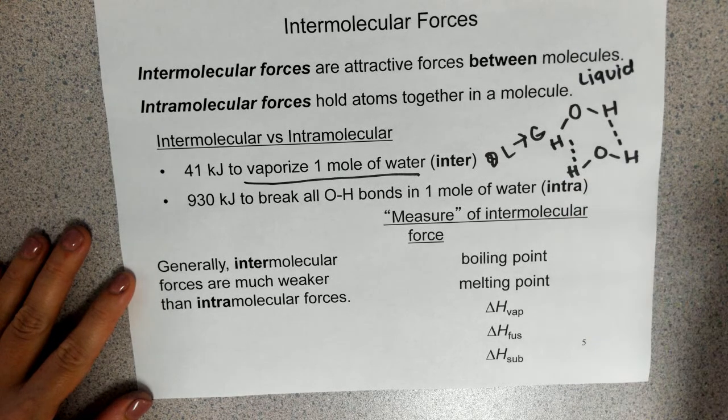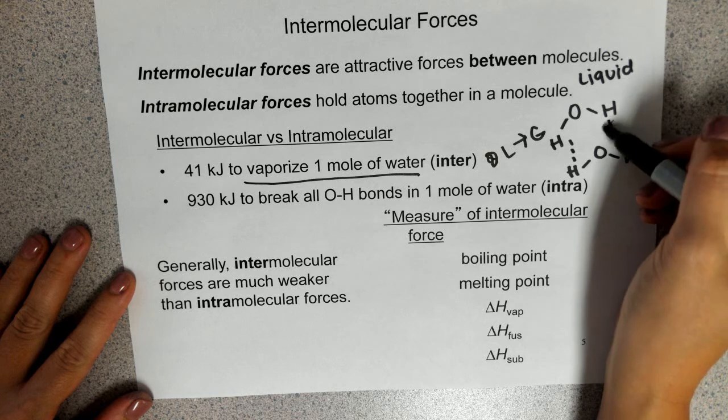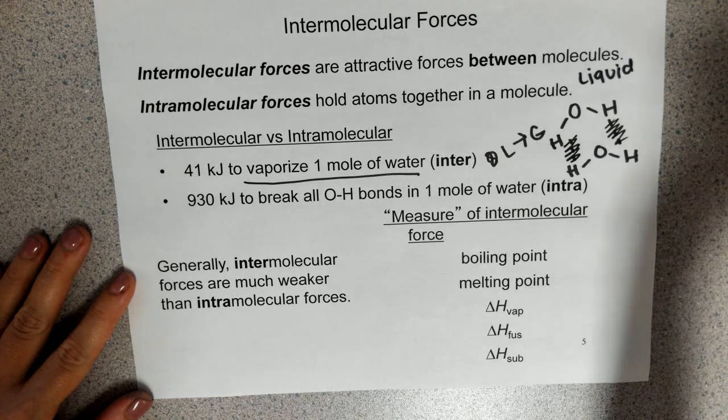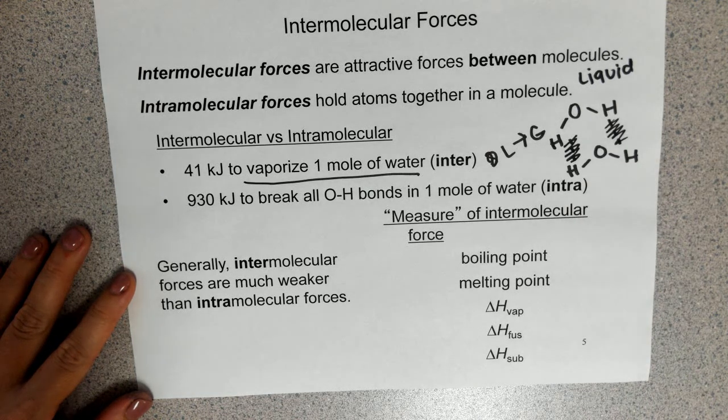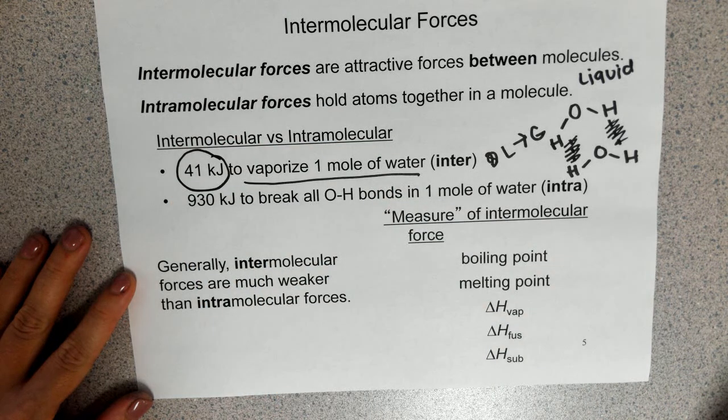And so to make it a gas, these molecules have to become really far apart. So you have to break apart these intermolecular forces, so then they can become a gas and spread out. And to do that requires 41 kilojoules of energy for every mole.